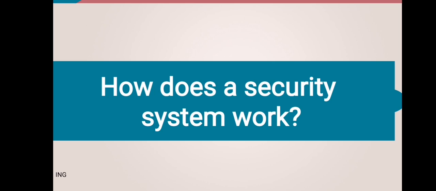So next, how does a security system work? Home security systems work on the simple concept of securing entry points into a home with sensors that communicate with a control panel or command center installed in a convenient location somewhere in the home.